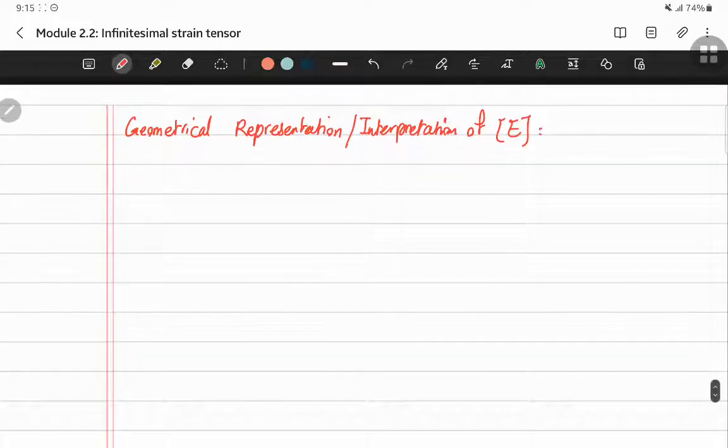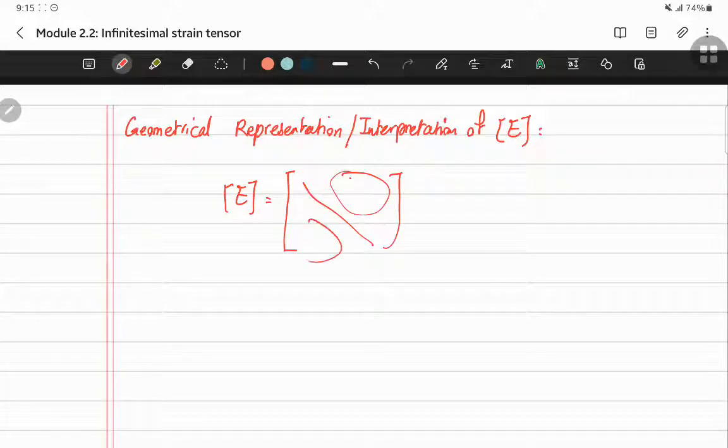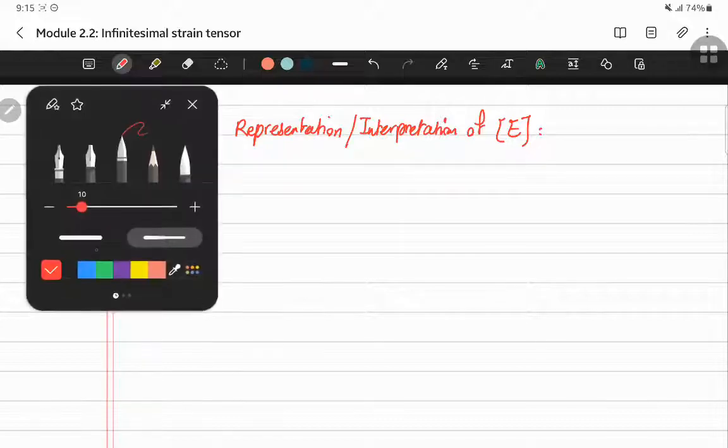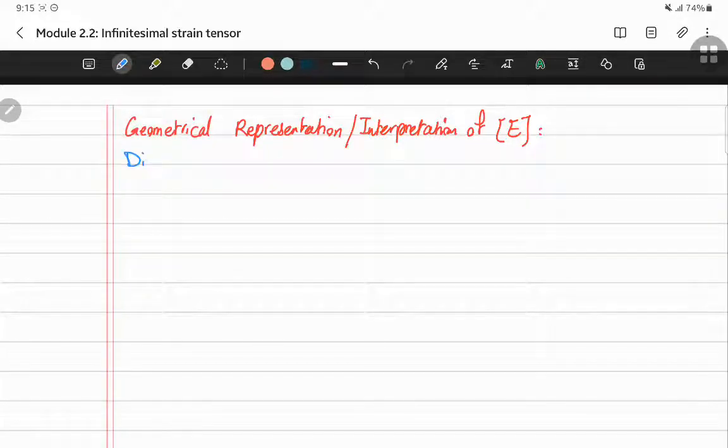So we divide this to the diagonal. If this is E, you have some diagonals and you have some off diagonals. All right, so let's start with the diagonal elements.